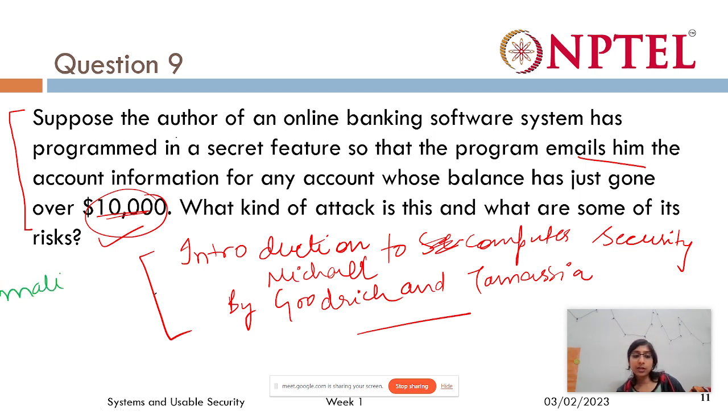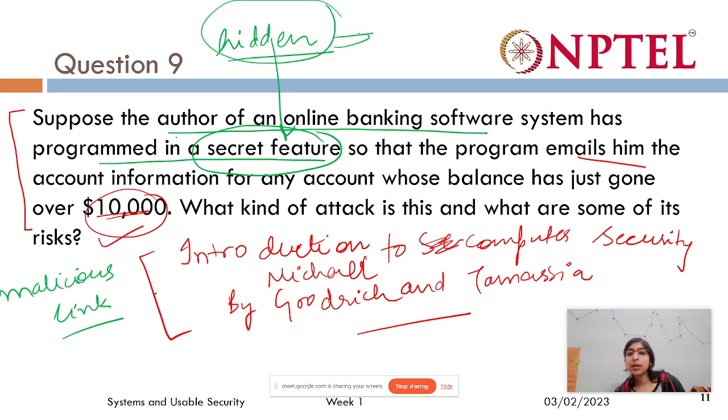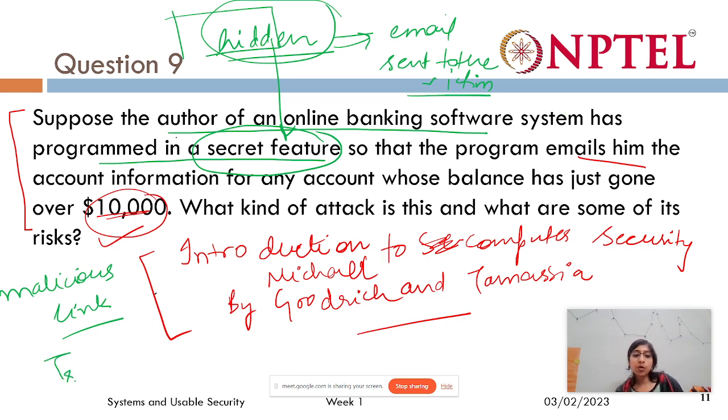But if you see the definition of this question, it says the author of an online banking software system has programmed a secret feature. That secret feature is hidden in the mail that is sent to the victim. So whenever some kind of information is hidden in a message that is being sent to the victim for proposing an attack, that comes under the category of Trojan horse.